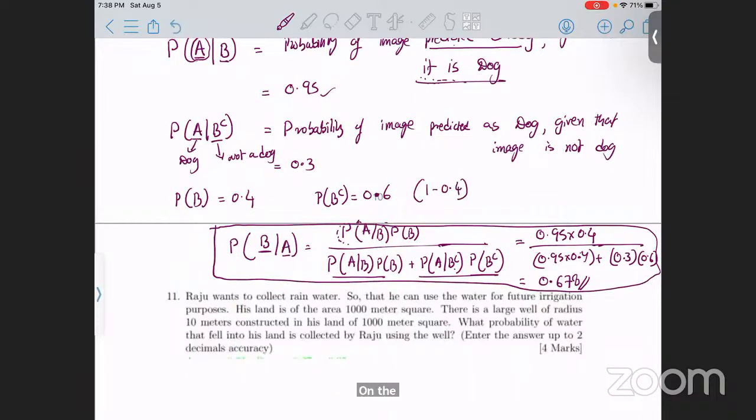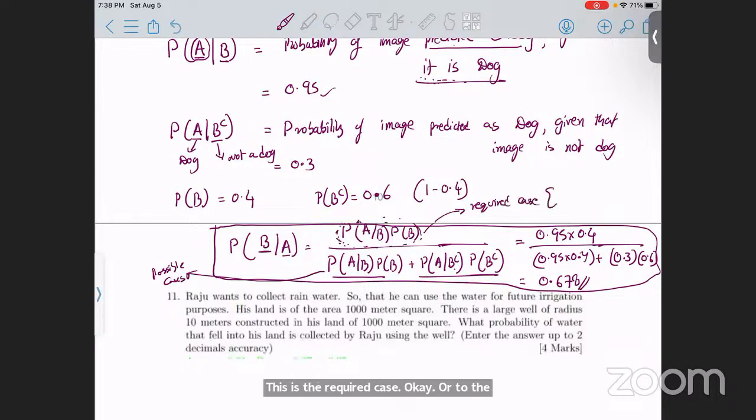These are the possible cases. This is the required case.